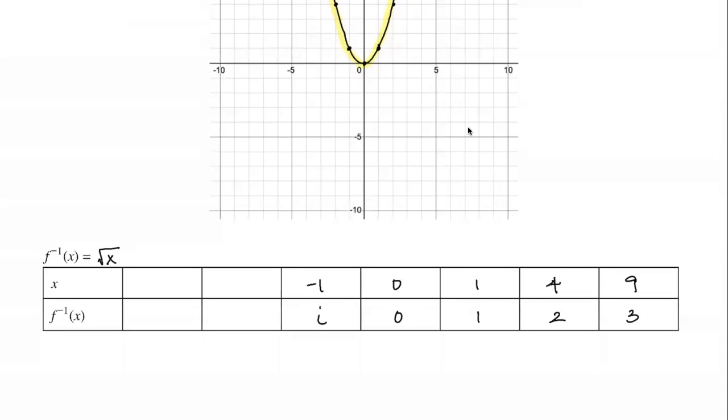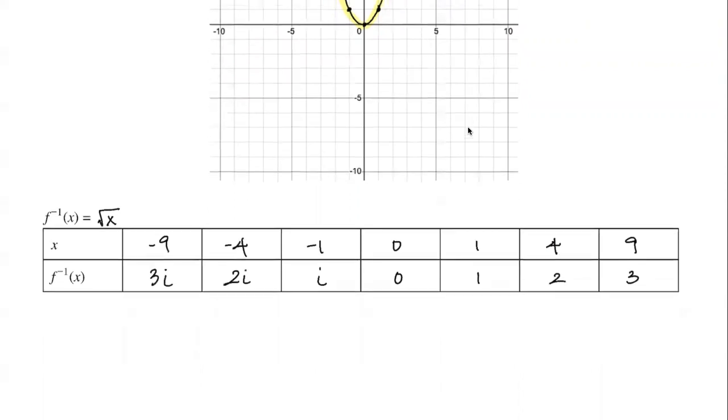Okay. i stands for imaginary numbers. And I don't want to get too far into that right now, but it's an imaginary number. All right, well, what if we did the square root of -4? Turns out that would be 2i. And if I did the square root of -9, I would get 3i.